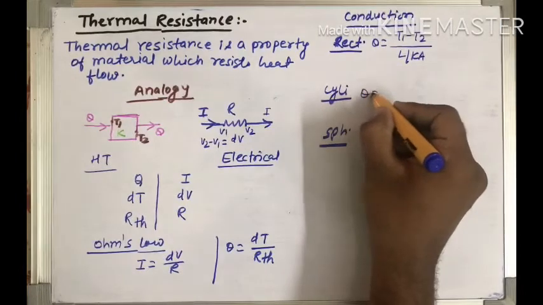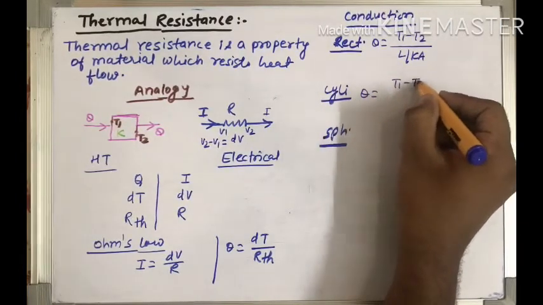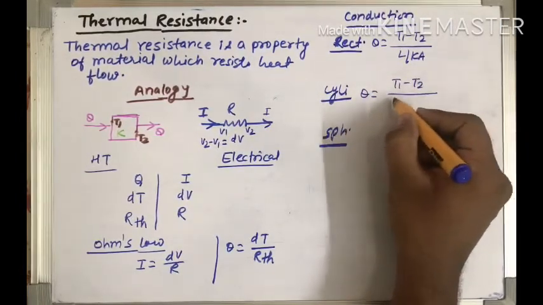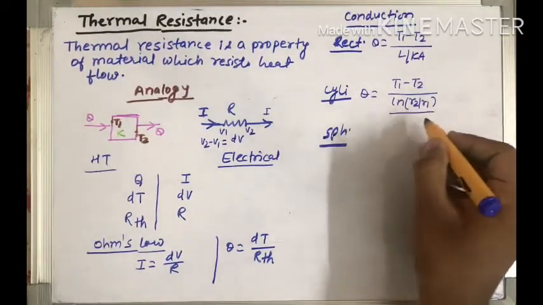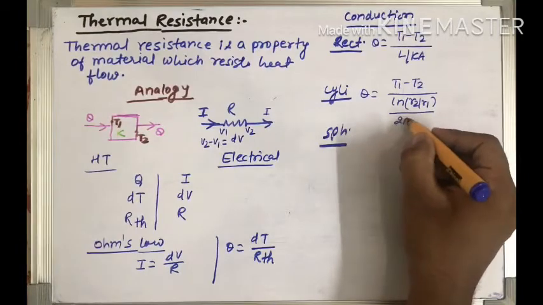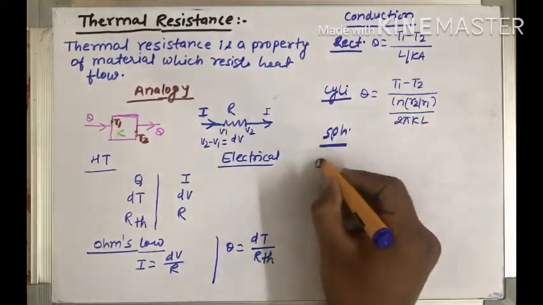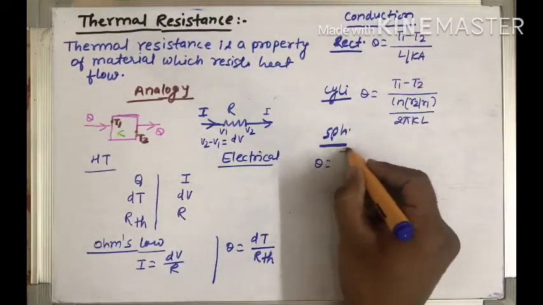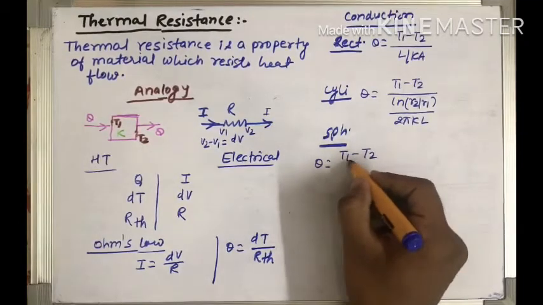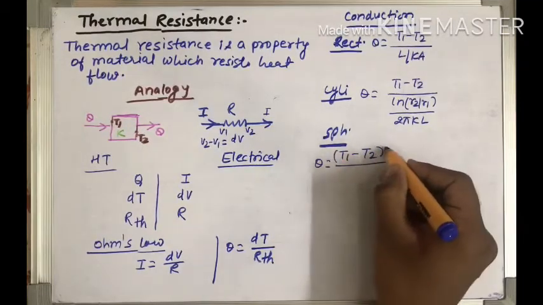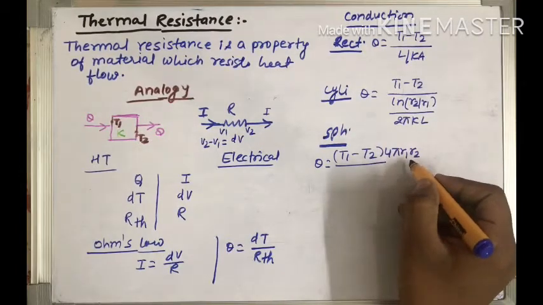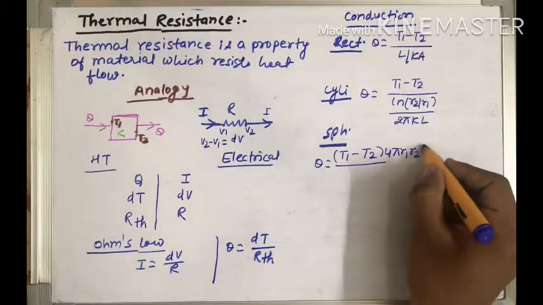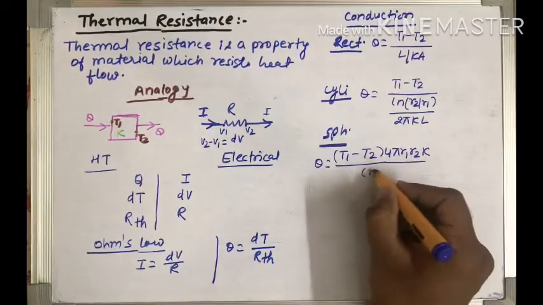Now from here you can write q is equal to T1 minus T2 divided by ln r2 by r1 divided by 2 pi kL. And for the sphere, the equation I wrote in the previous lecture is T1 minus T2 divided by 4 pi r1 r2 k divided by r2 minus r1.